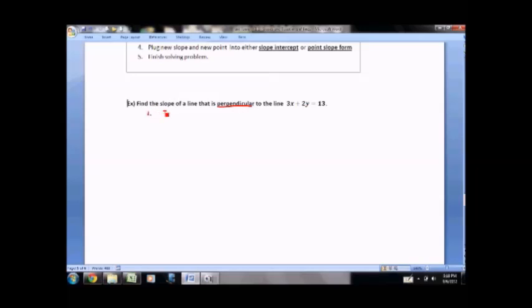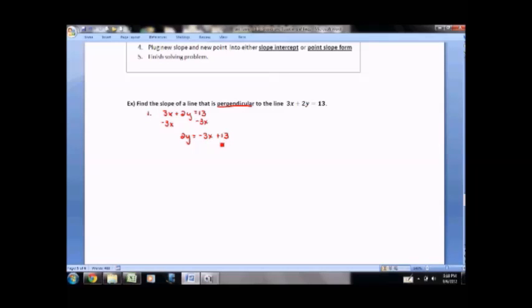So we start off with 3x + 2y = 13. We subtract 3x from both sides because you want to get y by itself, so you're left with 2y = -3x + 13.